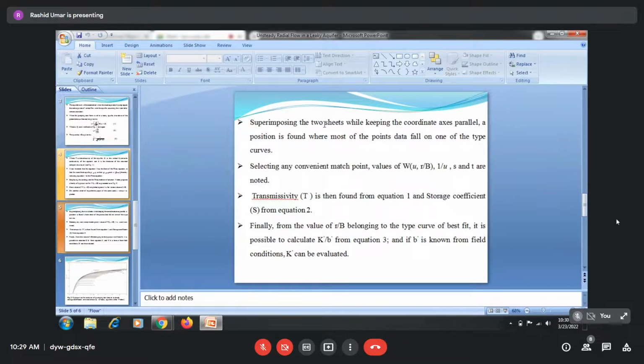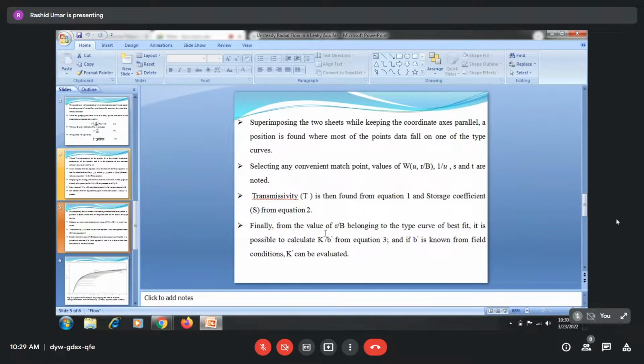So here it is the same thing that I've written. For superimposing two sheets while keeping the coordinate axes parallel, a position is found where most of the data points fall on the type curve. Selecting any convenient match point, the values of W, R by B, 1 by U, S and T are noted. Transmissivity is then found from equation 1, storage coefficient from equation 2.